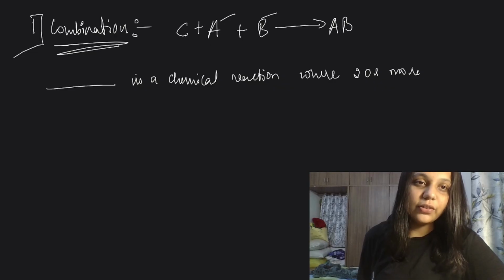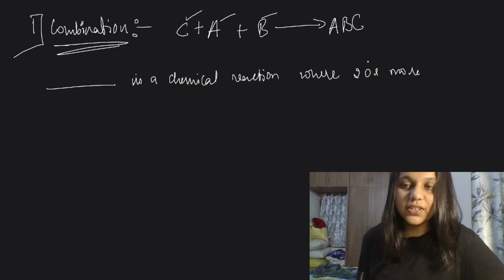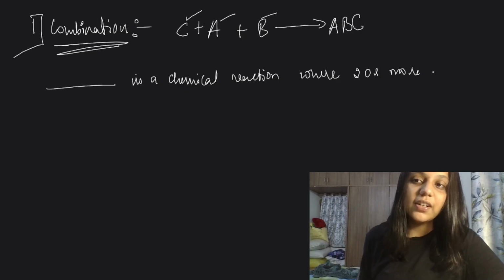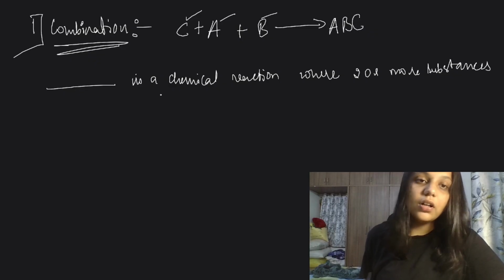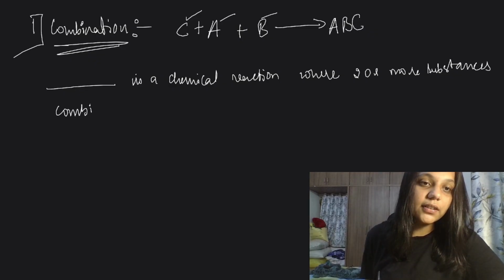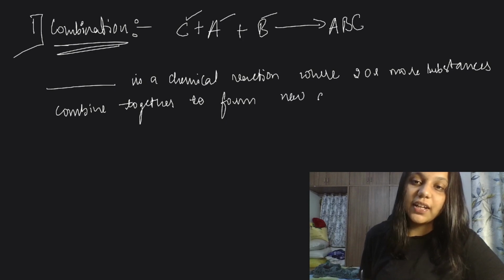We can add one more person met in the market and the three start going together also. So it can be two, three, or more than three.